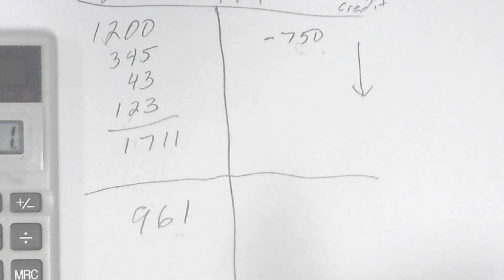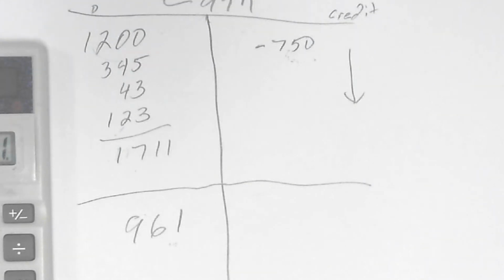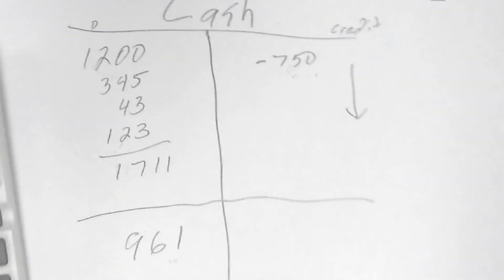So if you have a debit of $425 that's entered incorrectly, this one's kind of tricky.